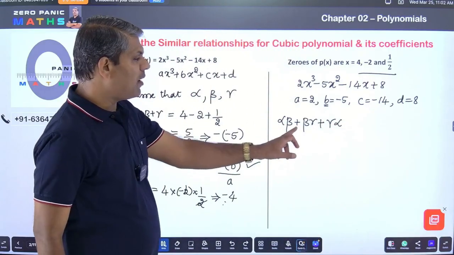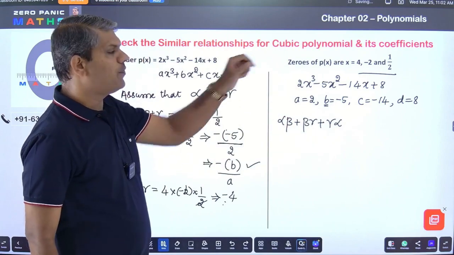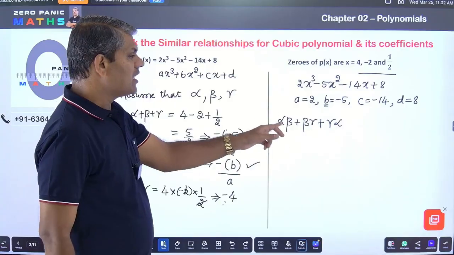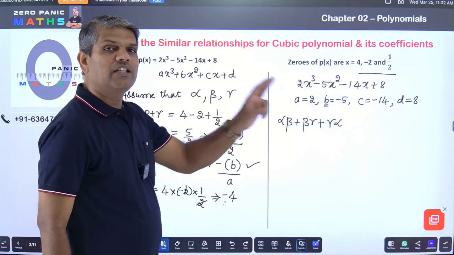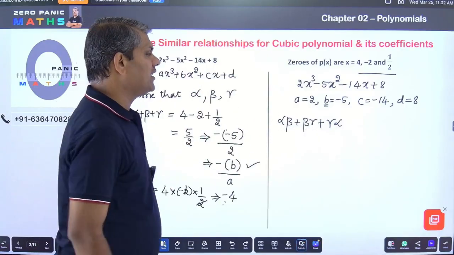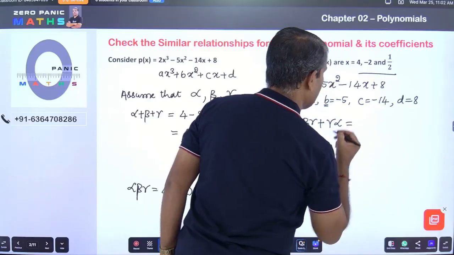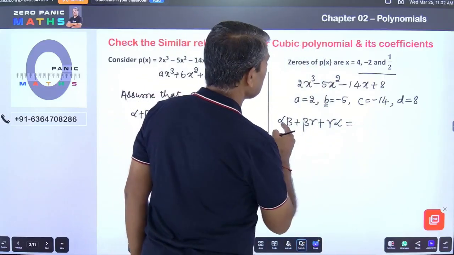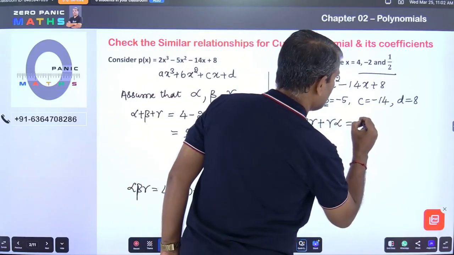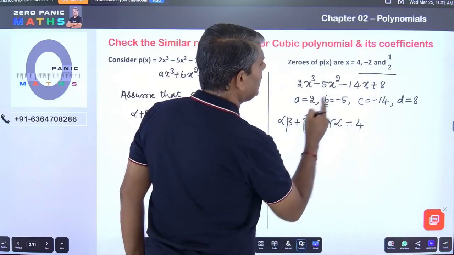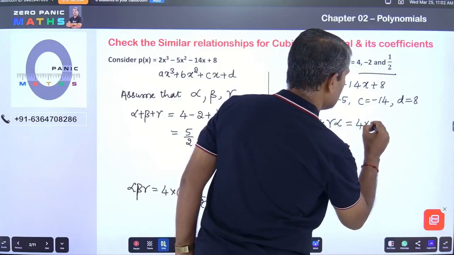If alpha, beta, gamma are the zeros of a cubic polynomial, then what does the sum of products of the zeros taken two at a time give us? Let us verify that. What is alpha? Alpha is 4. What is beta? It is minus 2.